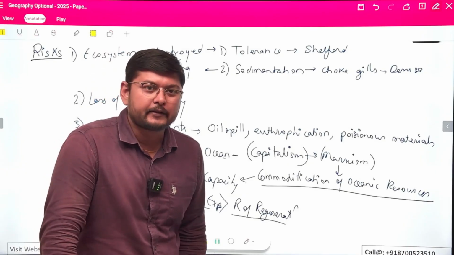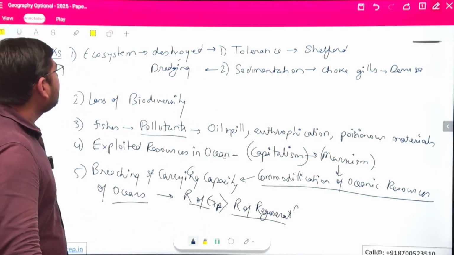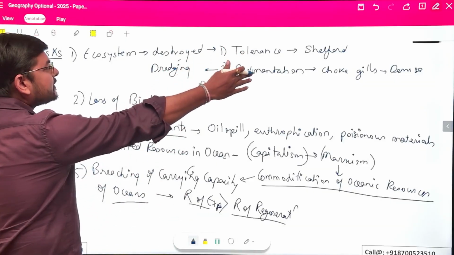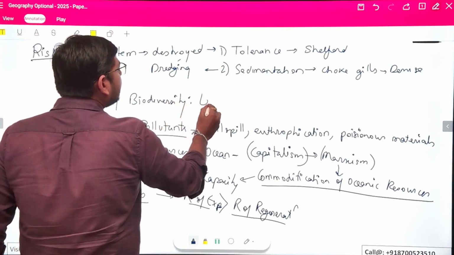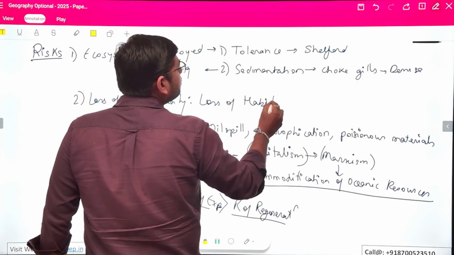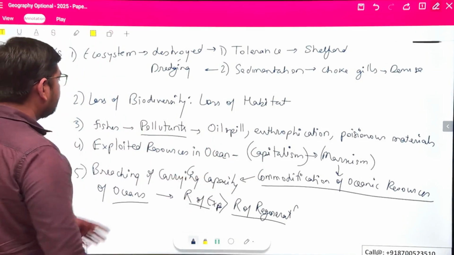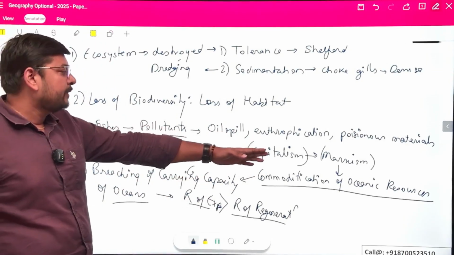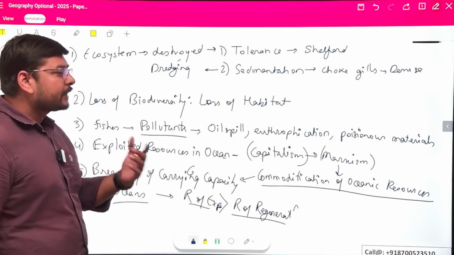So here we can see this from various perspectives: from the tolerance level, from the loss of biodiversity where the loss of habitat will occur, from the loss of habitat to the pollution levels, from the exploitation of resources, from the capitalism and Marxist view to the commodification, and the breaching of the carrying capacity.